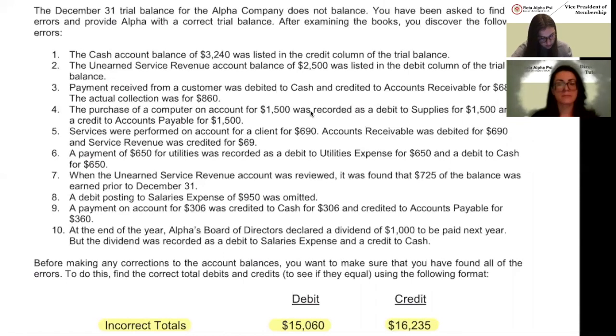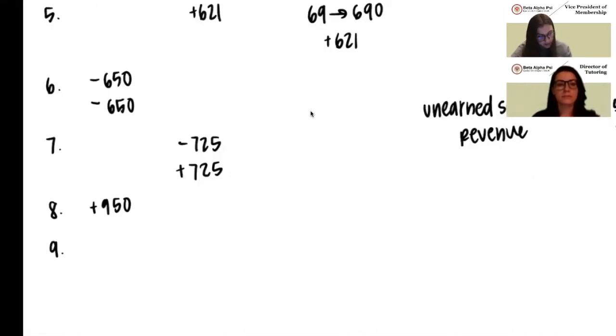So let's see what happened here. First, let's fix this credit to accounts payable and then do the correct entry of debiting accounts payable. So they did it for 360. On the credit side, because we're taking care of accounts payable, we need to subtract that 360 that they increased it by in the first place.